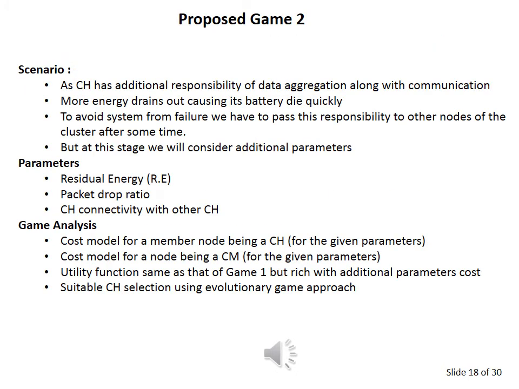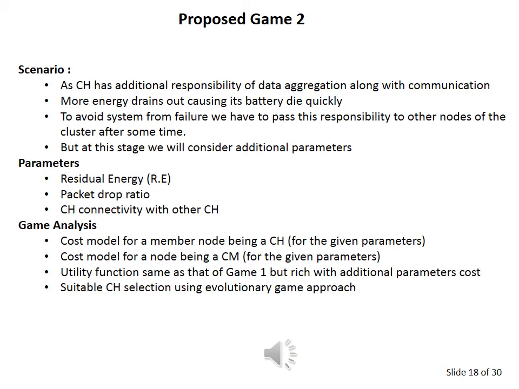Dear students, game 2 is not a separate game, but here you can consider a very important parameter along with the previous parameters. You can add these parameters by calculating the cost value of the sensor nodes in selecting the cluster head and the cluster members.